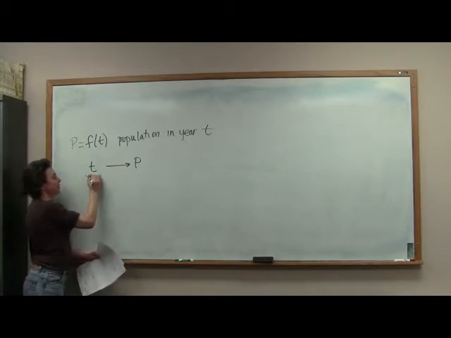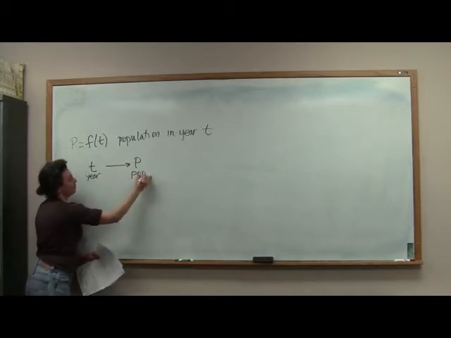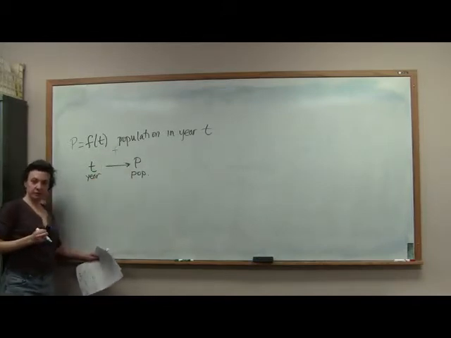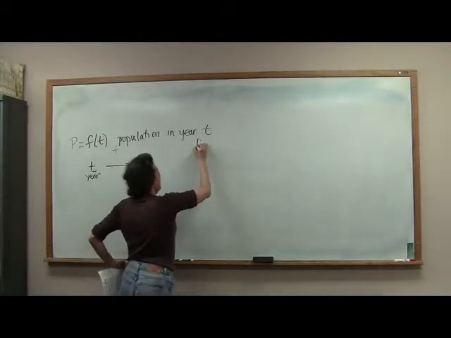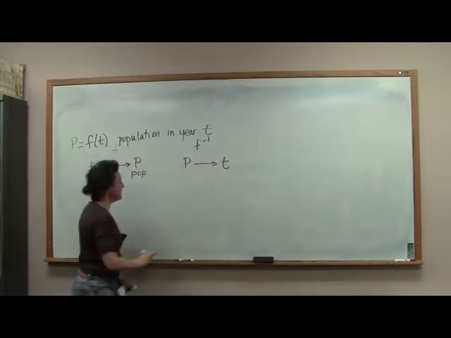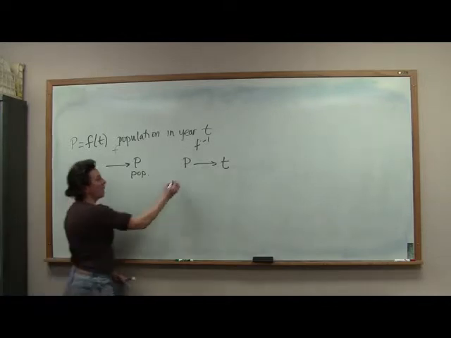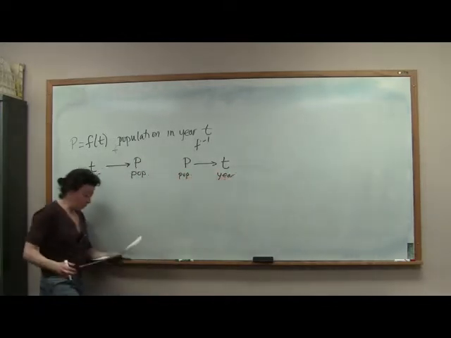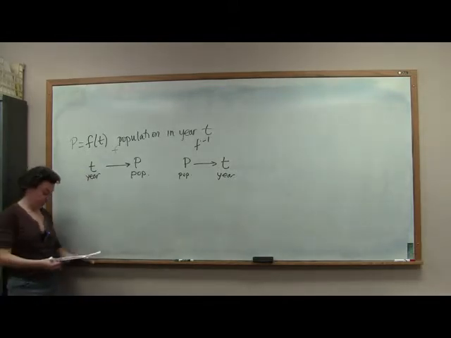So this is the year, and this is our population. This is our function f. Okay, so f inverse, won't that take P to t? Now my input is population, and my output is the year.